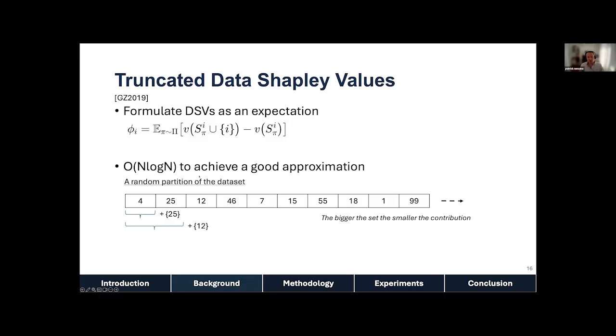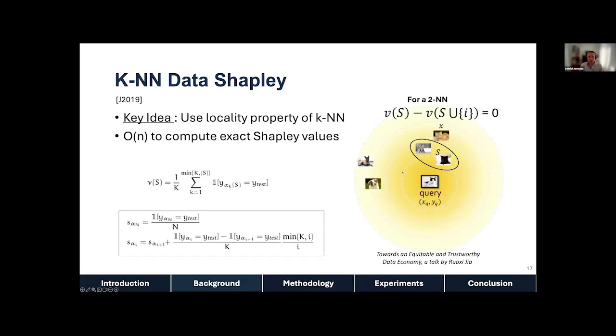And a trick that you can use for data evaluation is to compute the contributions of many subsets by first creating a random partition of the dataset and then iterating over that random partition, computing the contribution of points this way. And you stop when you see that the contribution is too small, that's why we call it truncated data Shapley values. So it's a parameter of the approximation method. That's one way you can approximate data Shapley values.